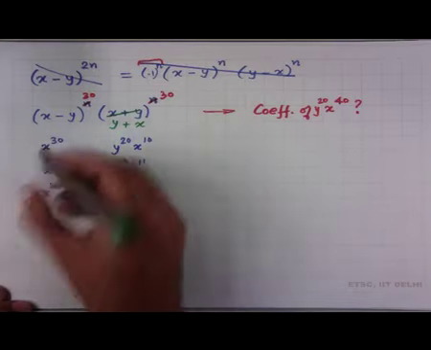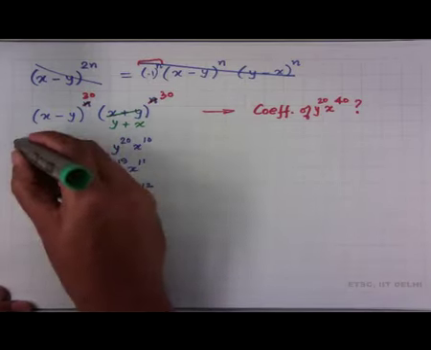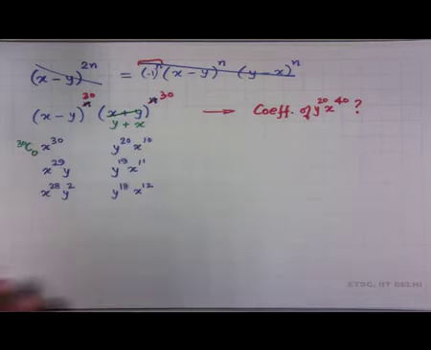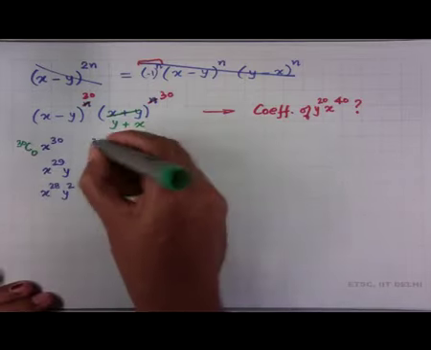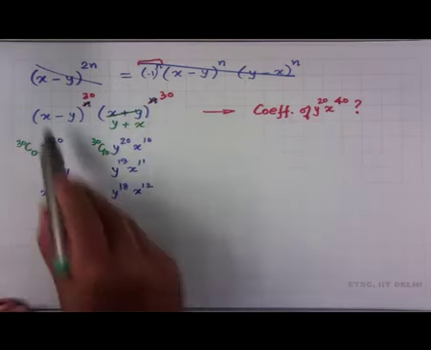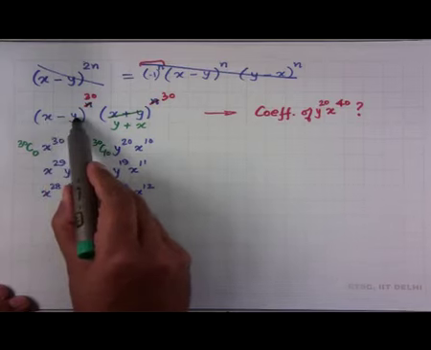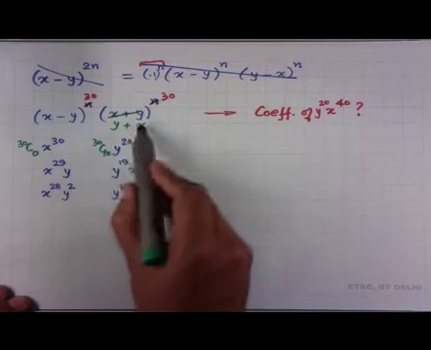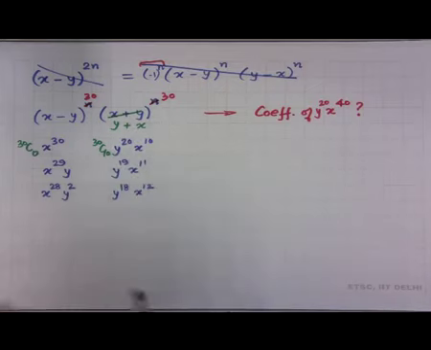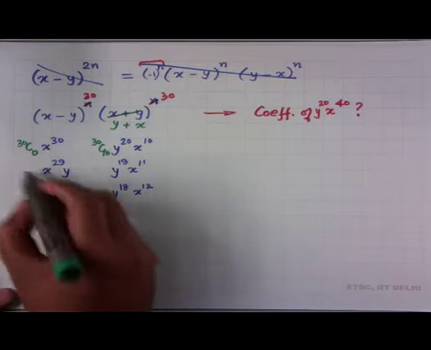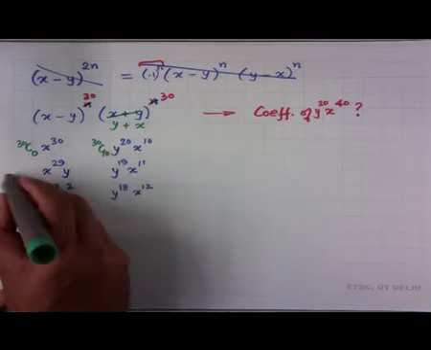So, this coefficient is 30 C 0. This is 30 C 10. So, no y's have been selected. Here 10 x's have been selected. Then the next time I select 1 y and therefore, I get a minus sign.